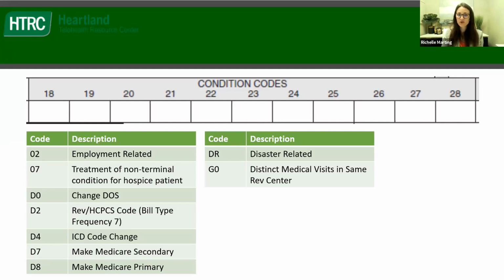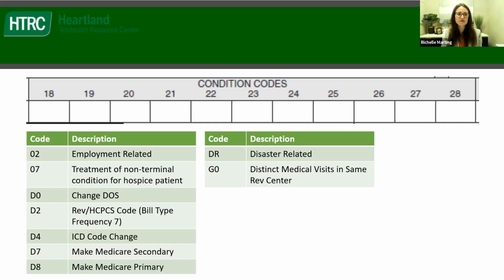And then a couple that are important right now. There is a condition code for DR, disaster related, and this was important around this time last year. We had several Medicare interim final rules come out as part of the public health emergency, increasing flexibility for RHCs and FQHCs and nearly every other provider type.